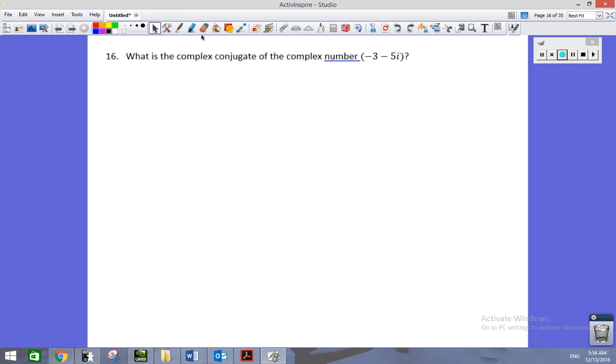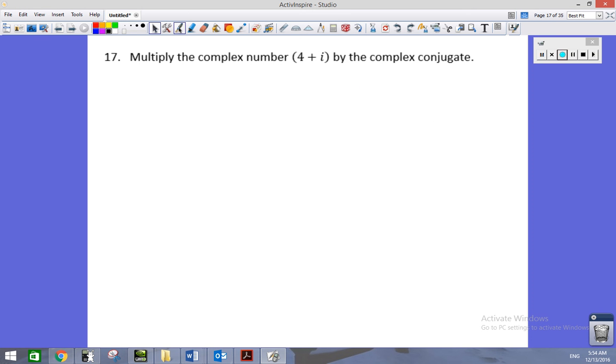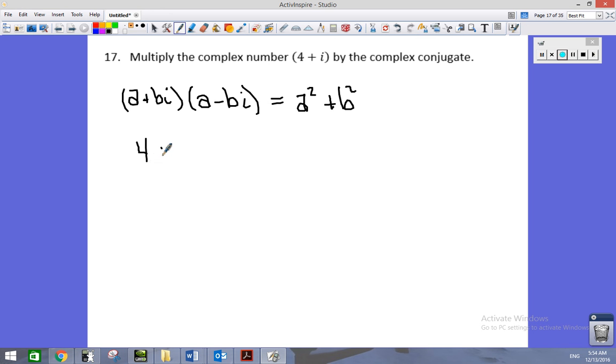The complex conjugate of negative 3 minus 5i is negative 3 plus 5i. When we multiply complex conjugates, a plus bi times a minus bi is a squared plus b squared. So if I have 4 plus i times 4 minus i, then I have 4 squared plus 1 squared, and I have 17.